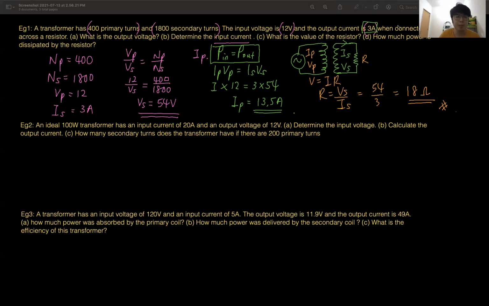And the last one, how much power is dissipated? So we use P equals I squared R. The current is 3 squared times 18.